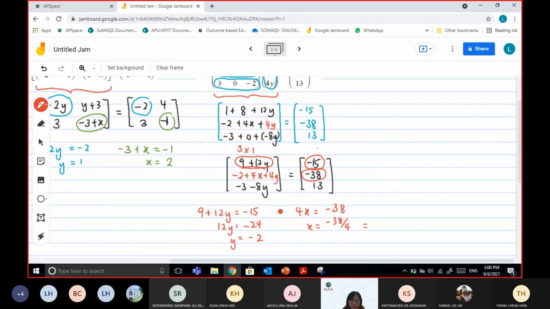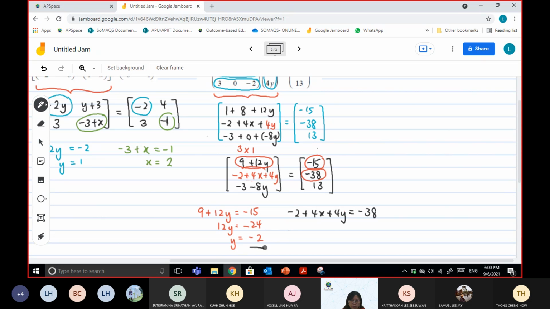Wait, sorry, I see wrongly. Okay, so first row settled, then second row. For the second row, negative 2 plus 4x plus 4y equals negative 38, right?